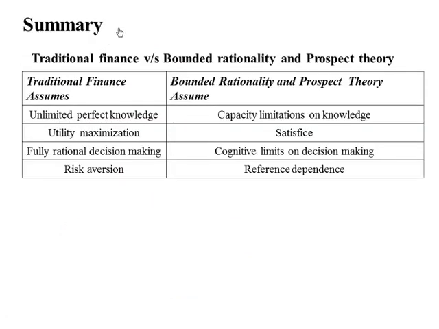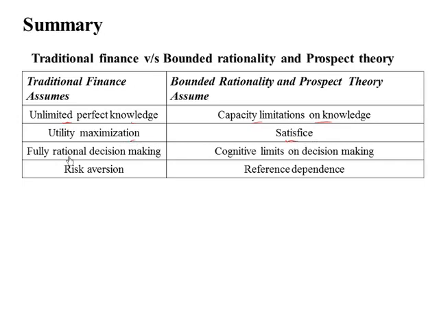So to summarize traditional finance versus behavioral finance, we find that traditional finance assumes unlimited perfect knowledge, whereas behavioral finance assumes capacity limitations on knowledge. Traditional finance assumes utility maximization, whereas behavioral finance assumes that investors satisfice.